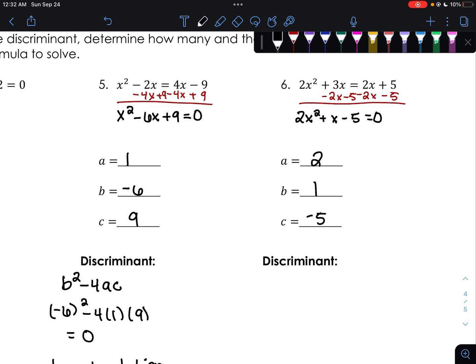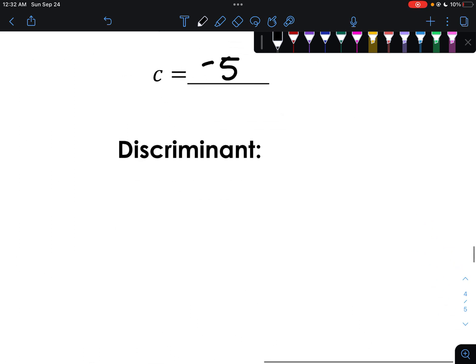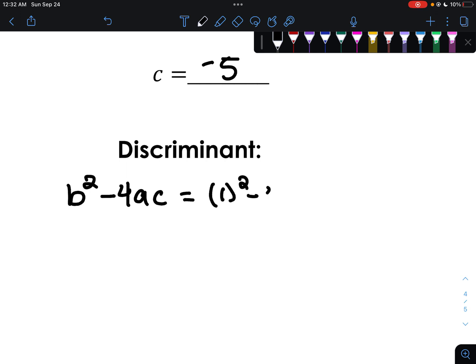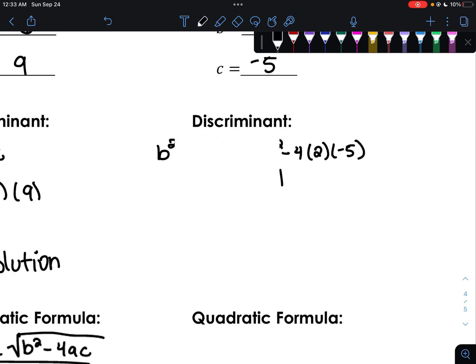We plug it into our formula for the discriminant. That's b squared minus 4ac, and that would be a 1 squared minus 4 times 2 times negative 5. And when we simplify that, we get 41, which means we're going to have two real solutions.